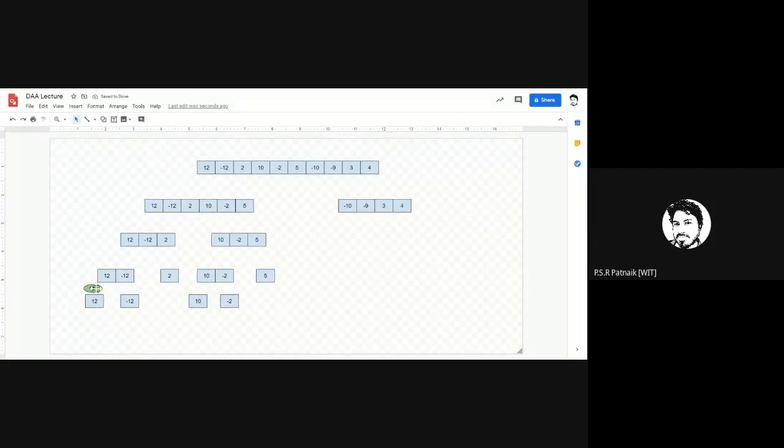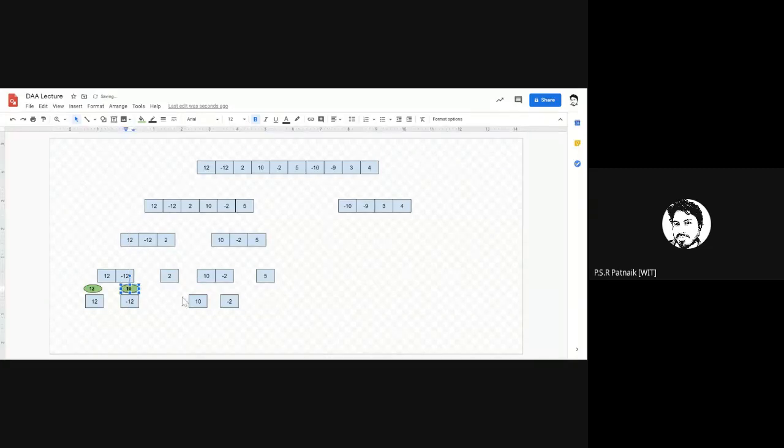So what is the maximum sum subarray for this array? I have to solve this. The element itself is 12. Okay. So we are only solving the subproblems first. So now what is the maximum sum for this subarray? For 10, it is 10. So let me just see.